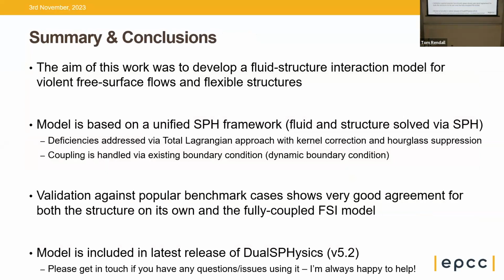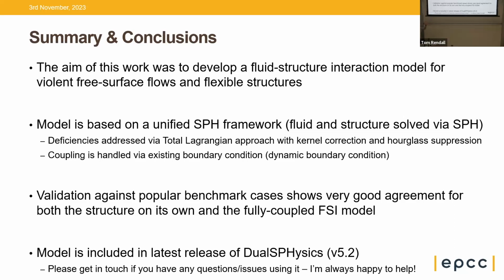Okay, so just to quickly summarize that. The main aim here is to develop a fluid structure interaction model that works for violent free surface flows and flexible structures. This is based on a unified SPH framework, so we're using SPH for the fluid and the structure as well. It's validated against a range of different cases.